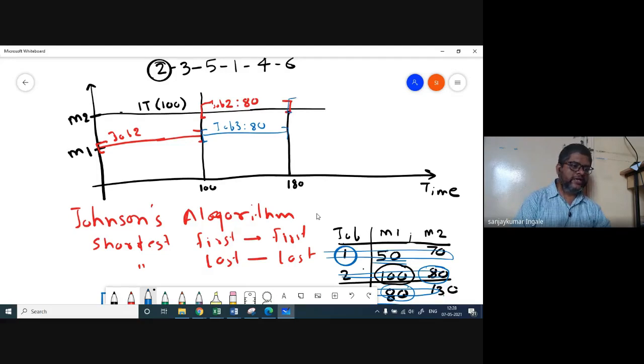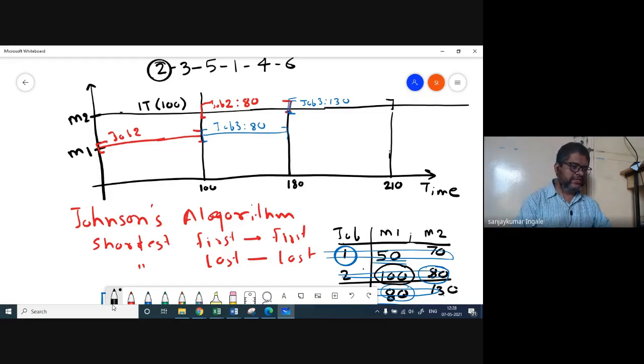You can load it because the machine is available immediately. Then job 3 is going to take another 130 minutes, so it will finish somewhere around 210.